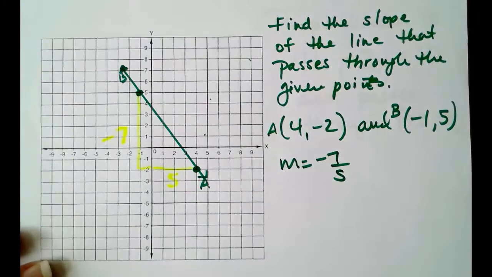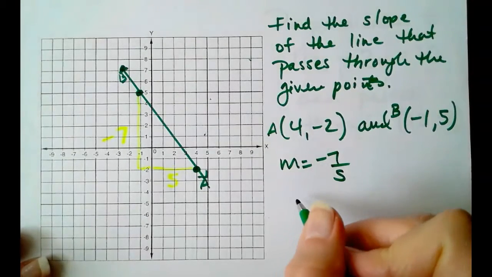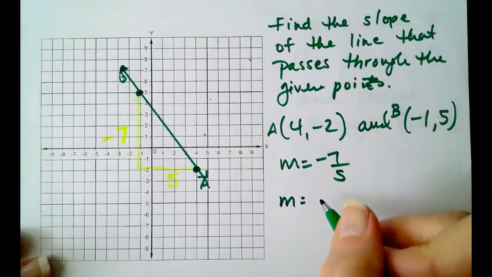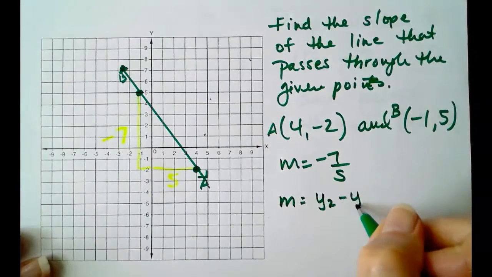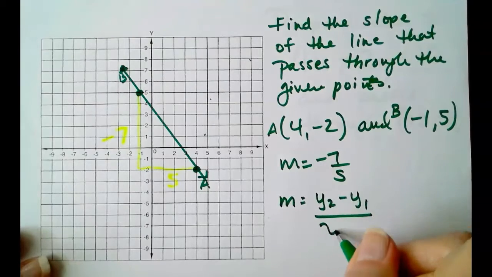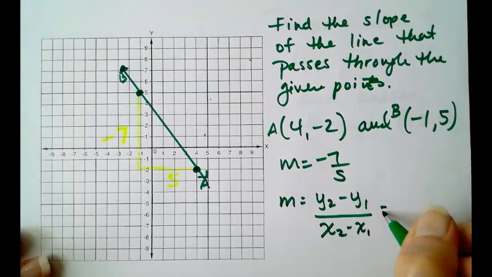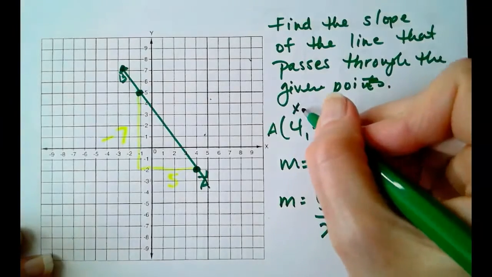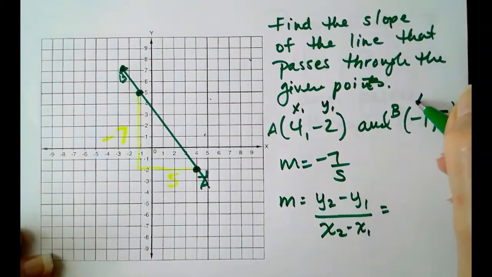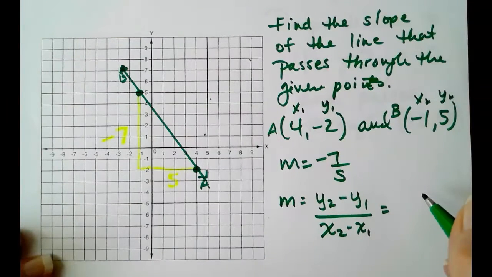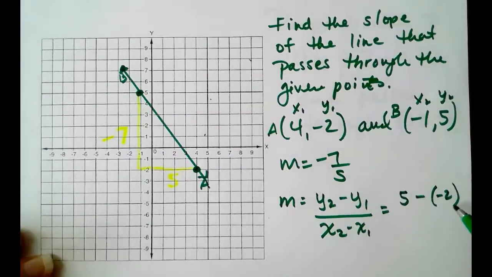Now, we can also find that by using the slope formula that you learned in Algebra 1. The slope formula says this. It's the difference in the y-coordinates divided by the difference in the x-coordinates. So x1, y1, x2, y2. If we plug these in, we're going to get the same result. 5 minus negative 2 over negative 1 minus 4.